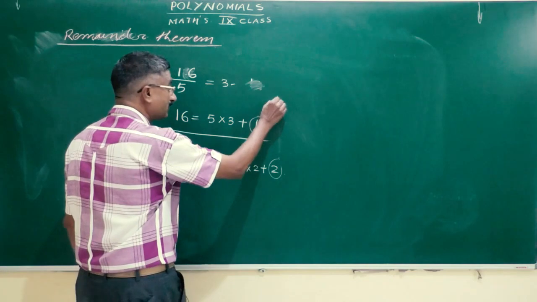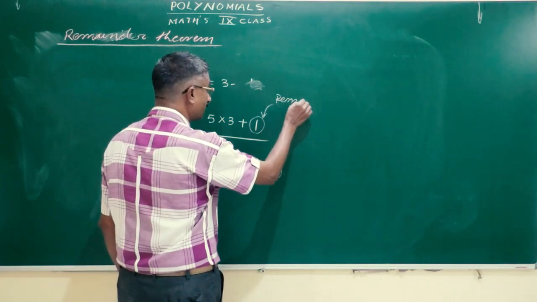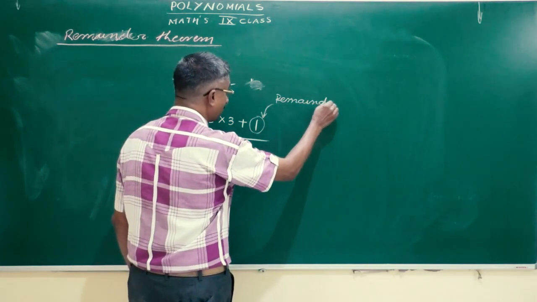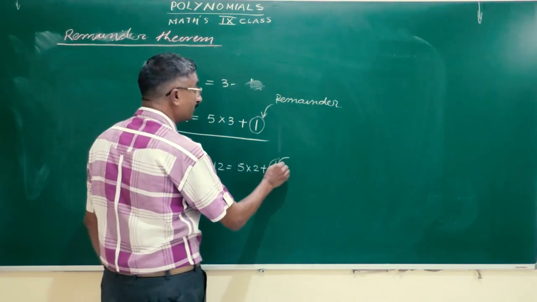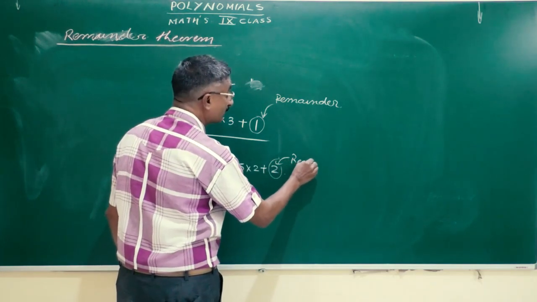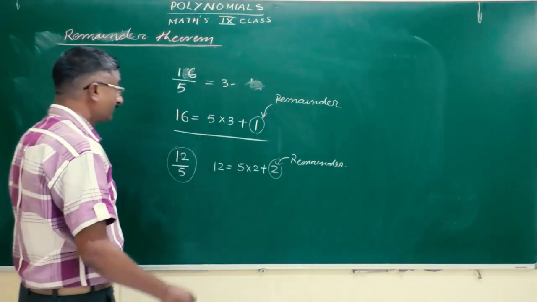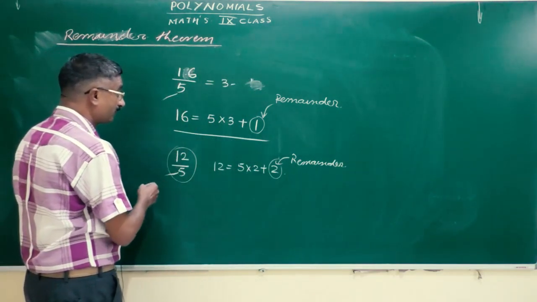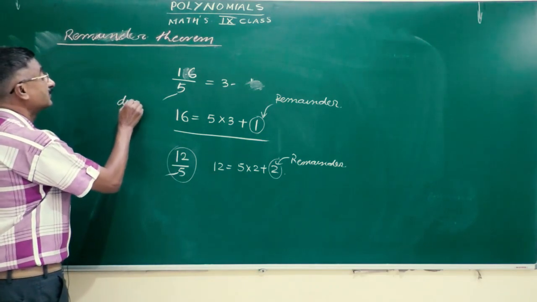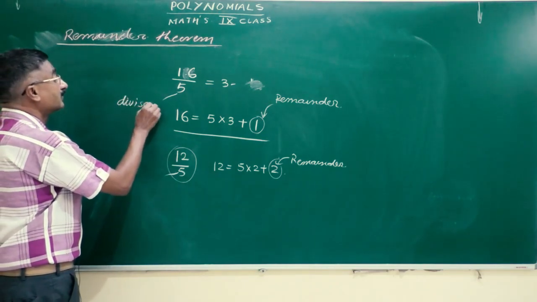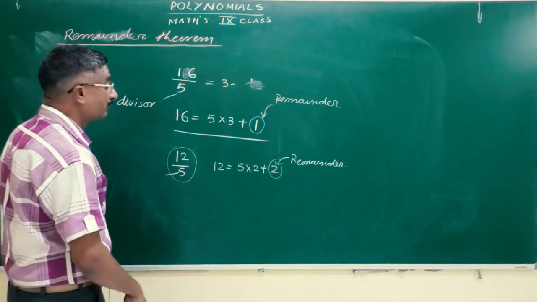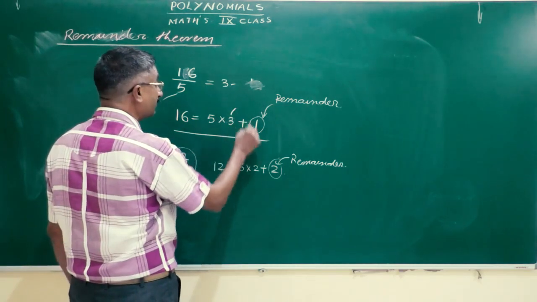What is 1 and 2? Here 1 is remainder. Here 2 is remainder. What is 5? 5 is divisor. What are 3 and 2?